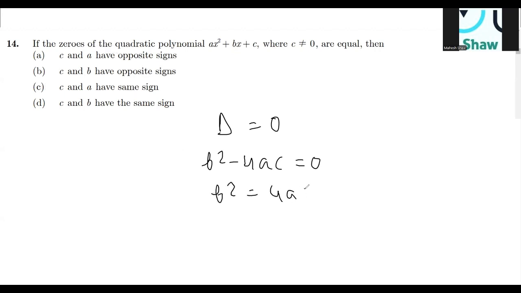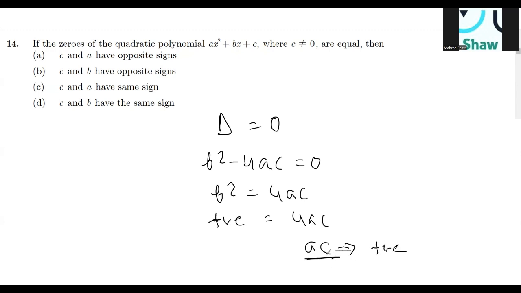First thing I'll do is write b square is equal to 4ac. Now, what you can figure out is that b square will always be positive, as the square of a number is always positive. Then 4ac also must be positive, and 4 is a constant here. That means ac has to be positive.